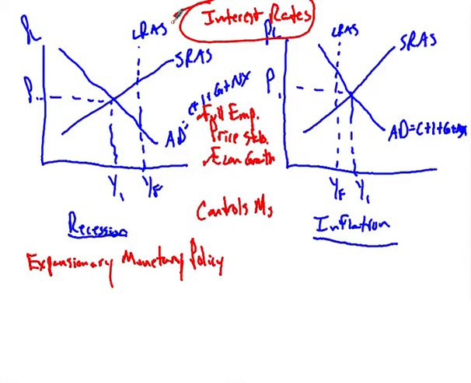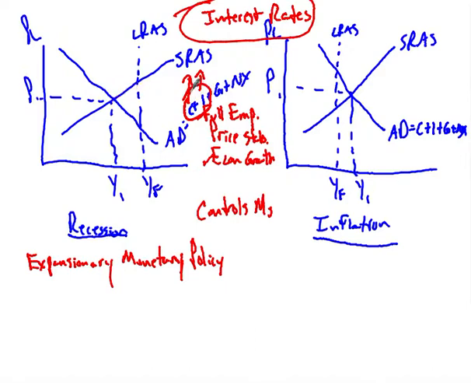It's not the end all be all, but it's a big deal. If the Federal Reserve can control the interest rates, then they can encourage consumers and businesses to either borrow more and spend more, or to borrow less and spend less. If we're in a recession, we want consumers and businesses to spend more, we want all these numbers going up generally to kick us out of the recession.